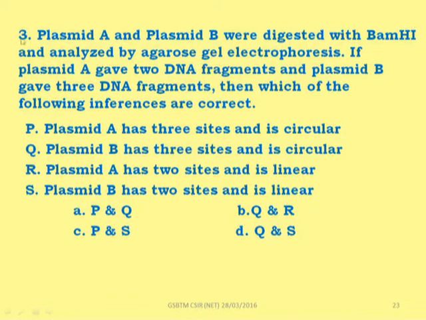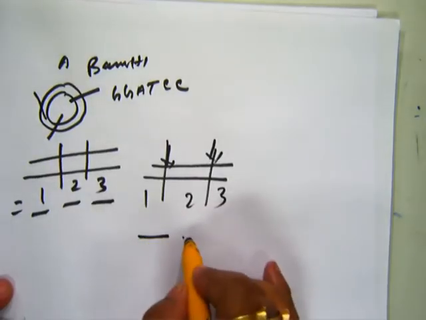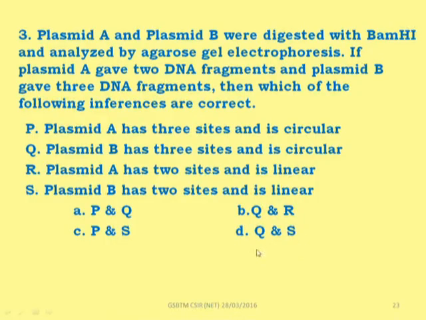This one is right because 3 fragments will be generated if it is linear. So this option is perfectly right. Q and S is right. Q is plasmid B has 3 sites and is circular. First go through the question carefully and then we will see. S, plasmid B has 2 sites and is linear. If it is linear, then 3 DNA fragments can be generated.